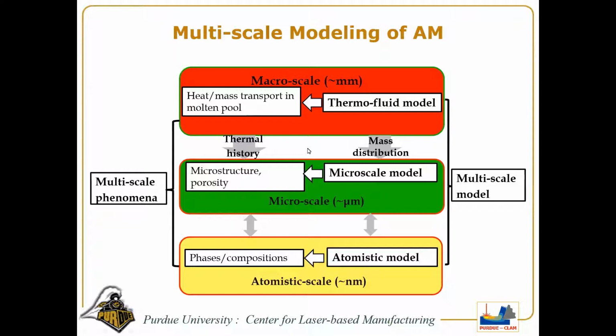So you have to combine the macroscale model, the microscale model, and atomistic level work, all based on first principles. That's why it requires a multi-scale modeling approach to tackle this type of problem.